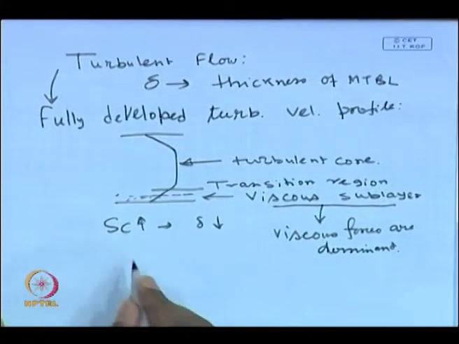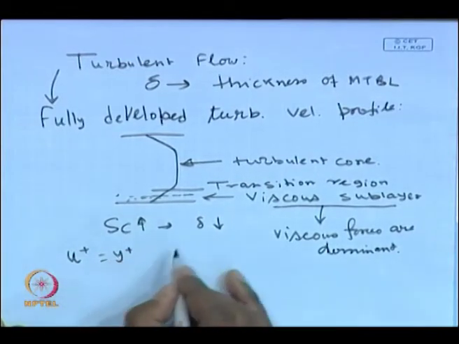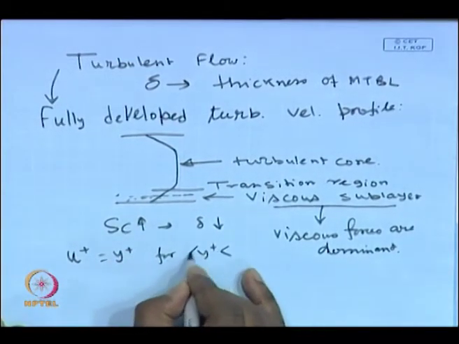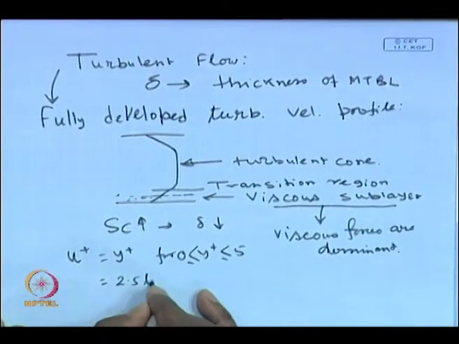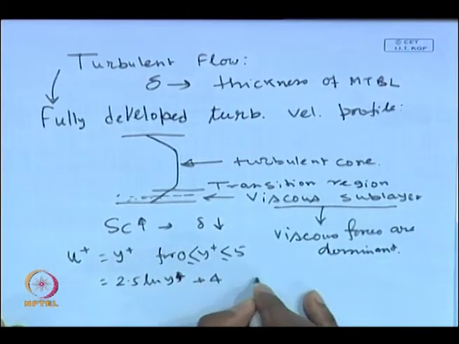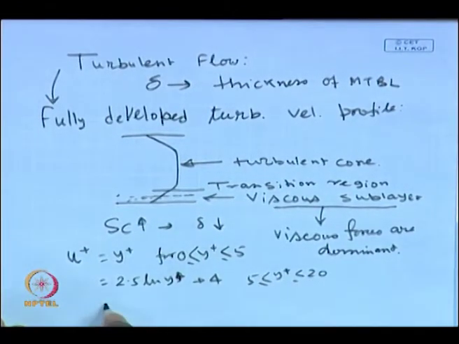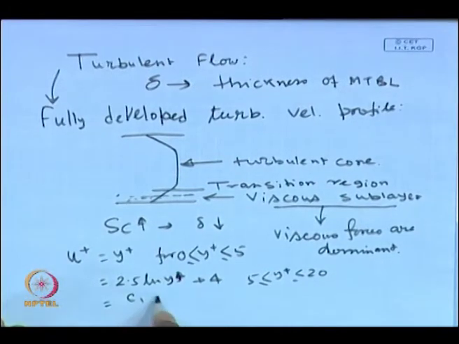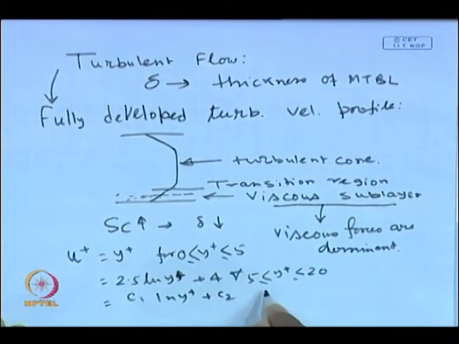And if you remember, the velocity profile looks like u plus is equal to y plus for y plus lying between 0 and 5; it is equal to 2.5 ln y plus another constant, let us say 4, for y plus lying between 5 and 20 or 30; and there will be another constant, C1 ln y plus another constant C2, for y plus greater than 30.